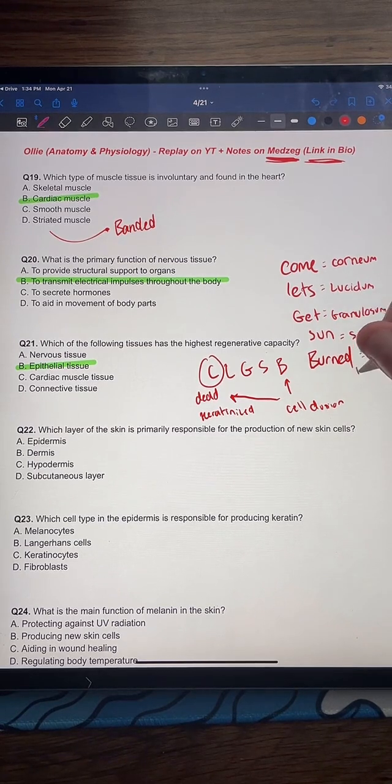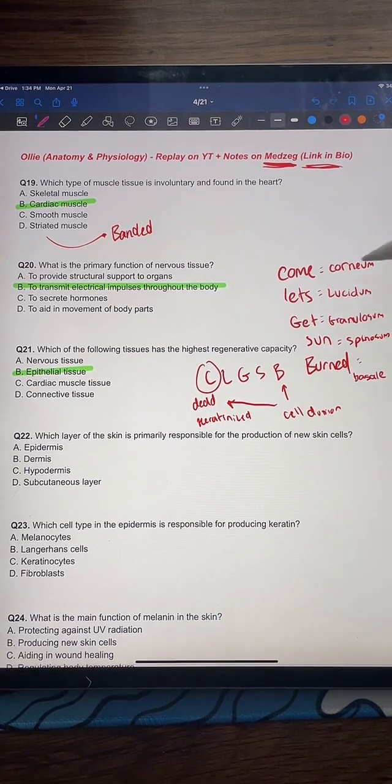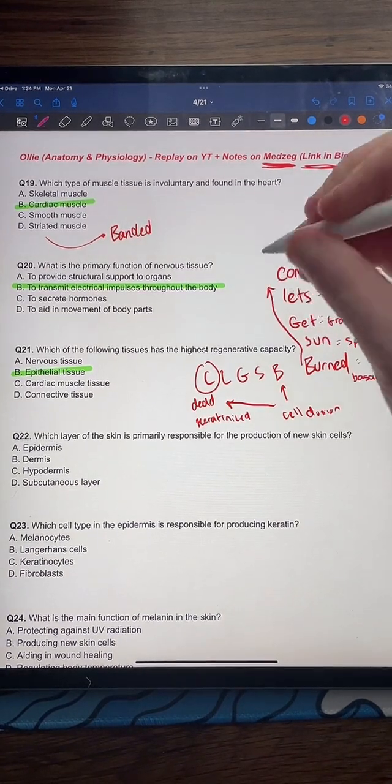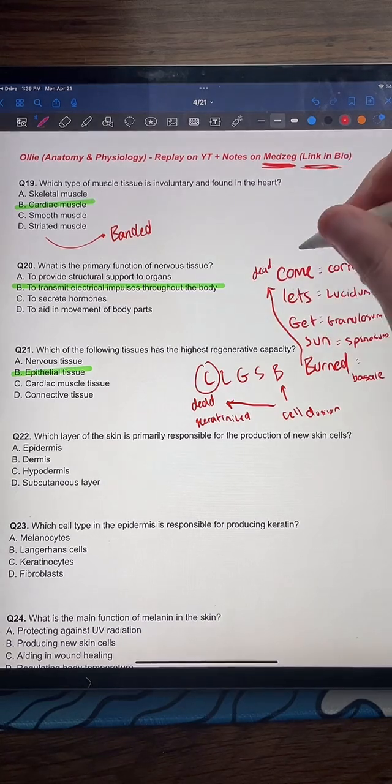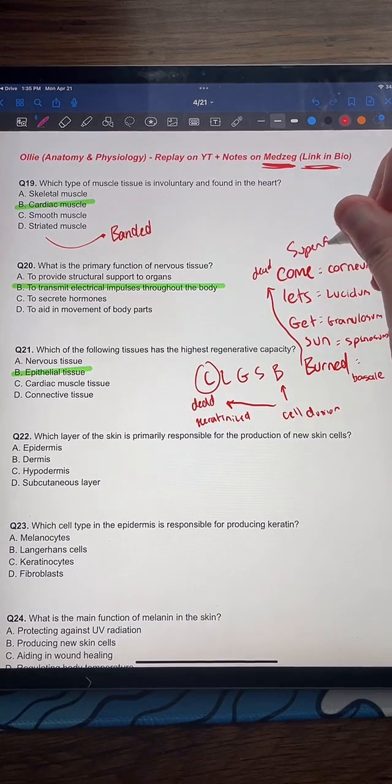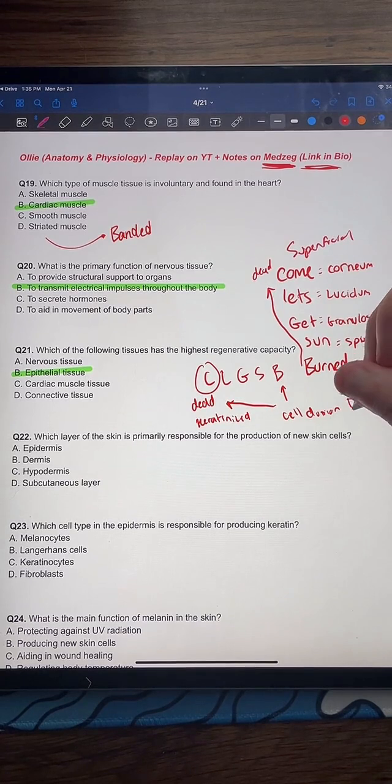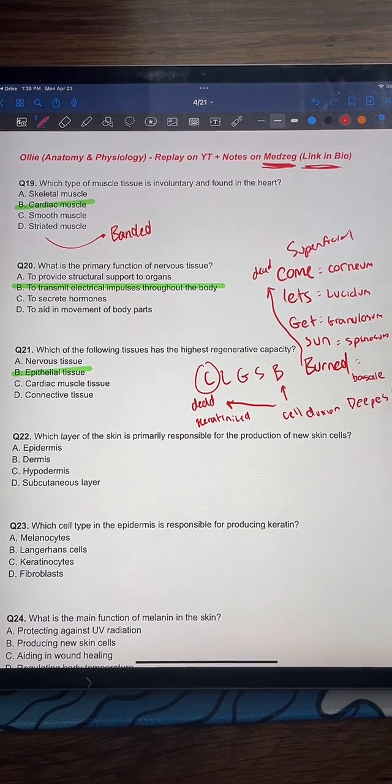And burned is the basal cell layer. This is where there's high mitotic activity, meaning there's a lot of cell division, and they get regenerated and replace the dead cells at the top layer. So this is the most superficial layer, and this is the deepest layer.